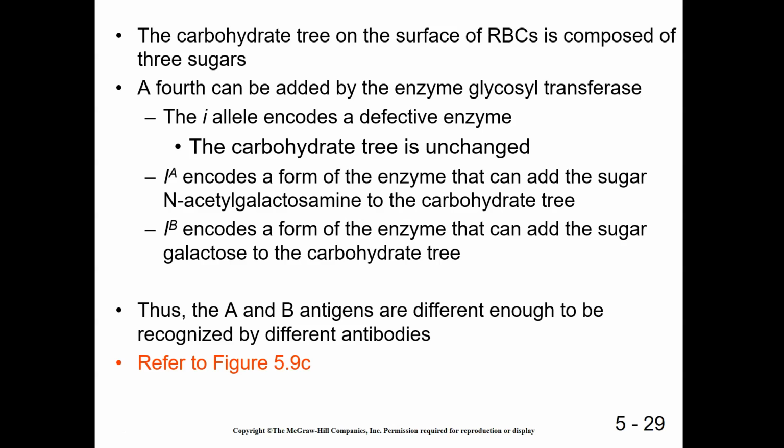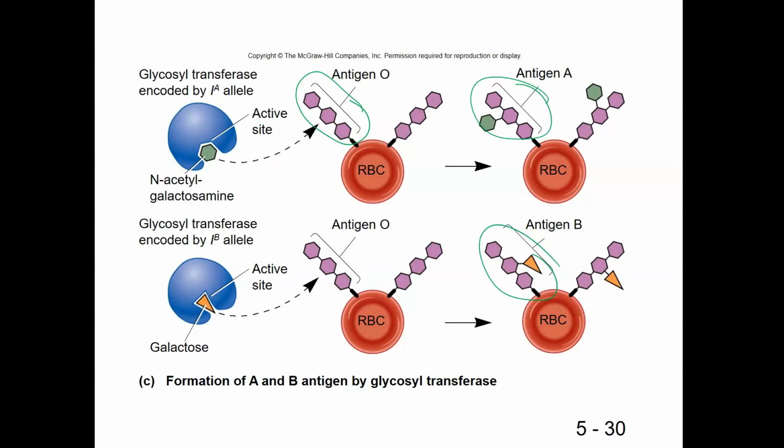A, B, AB, and O blood types all have to do with the gene that codes for enzymes that make A, B, or the plain O carbohydrate tree, okay? So coming back to here, O is the basic tree.